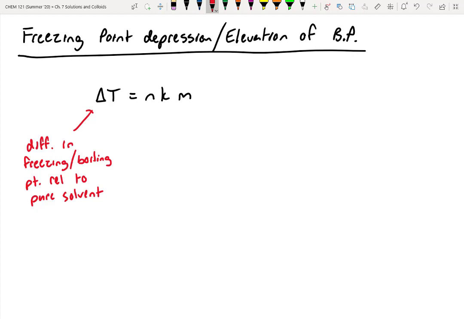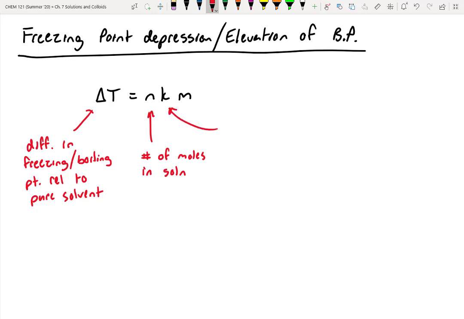Or if we're dealing with boiling point in water, how much higher than 100 degrees Celsius would it be? But it's all relative to the pure solvent. And then N is going to be the number of species in solution. In fact, let's do this, number of moles in solution. I'll break this down and show you an example problem.